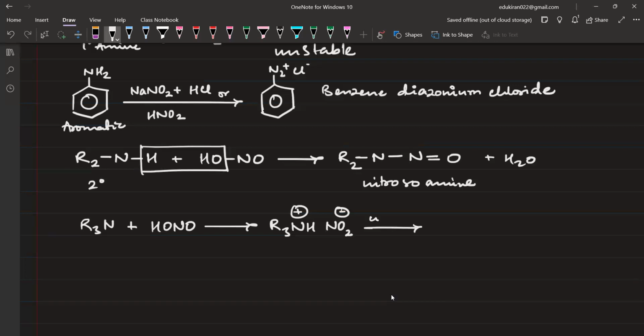Then after warming it, you again get nitrosamine, that is R twice bonded with nitrogen, which has a single bond with nitrogen, which has a double bond with oxygen atom. Plus you will get ROH, alcohol. One of the alkyl groups is removed.